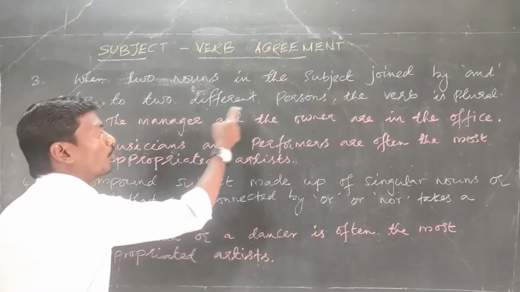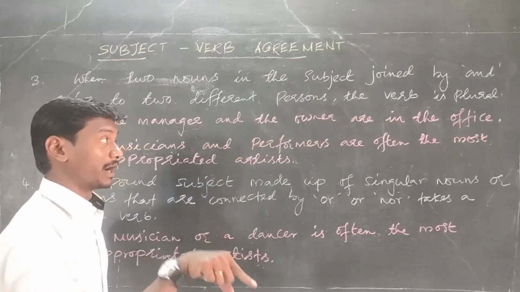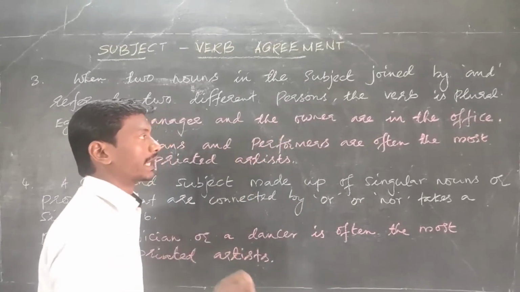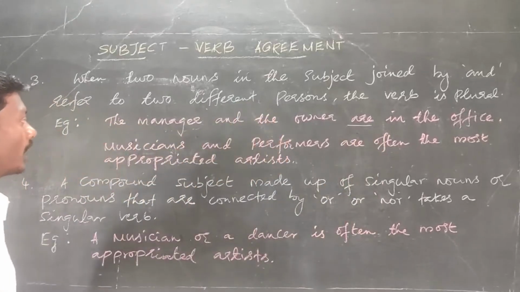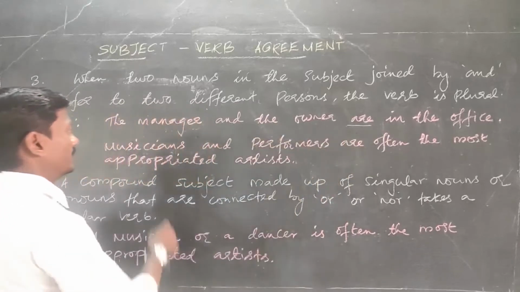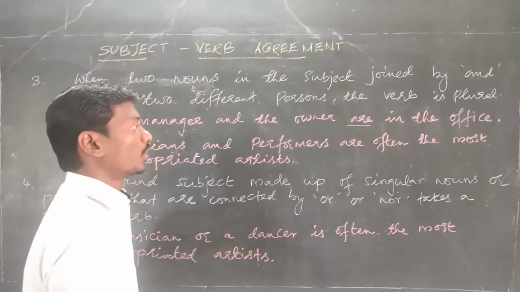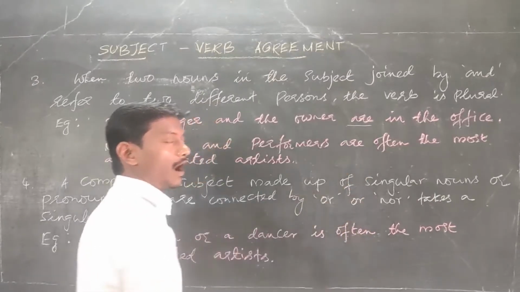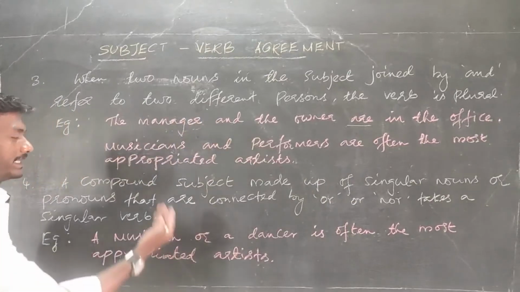Here both are different persons, so we have to write a plural verb. So we are writing here are. The manager and the owner are in the office. We have written are, the plural form.